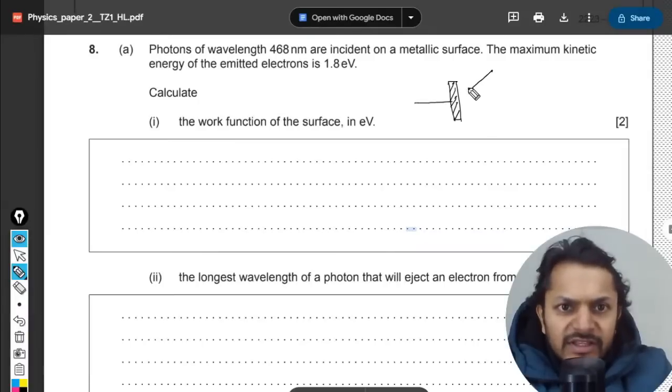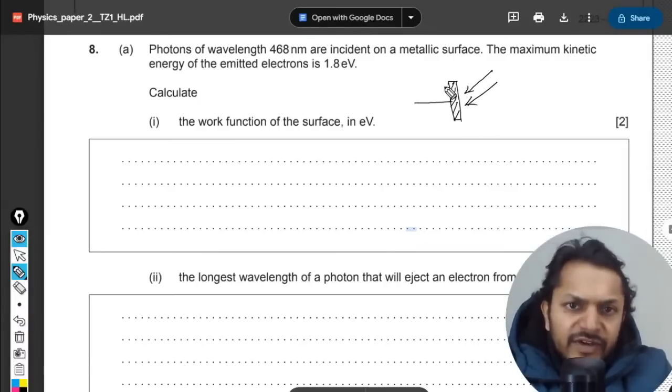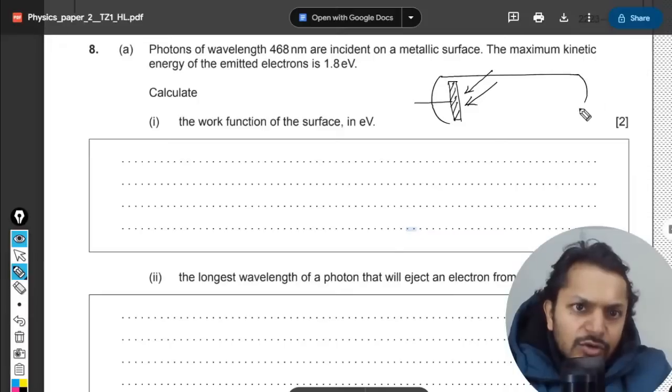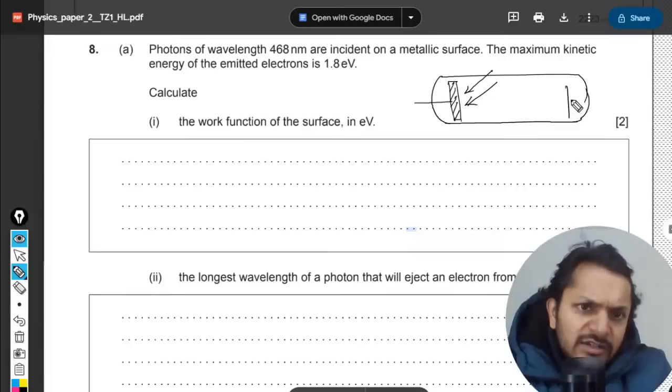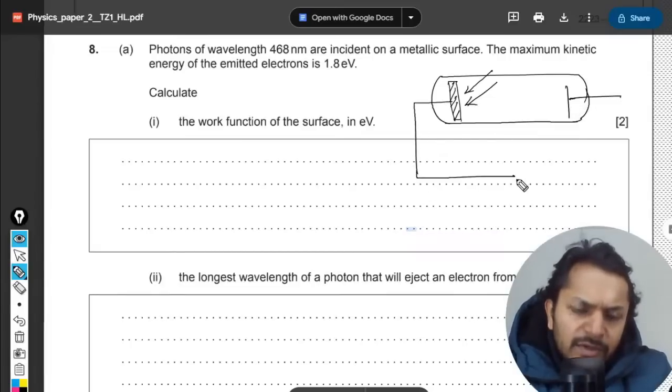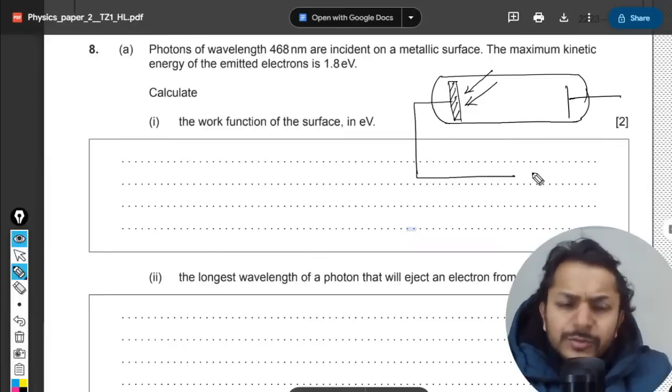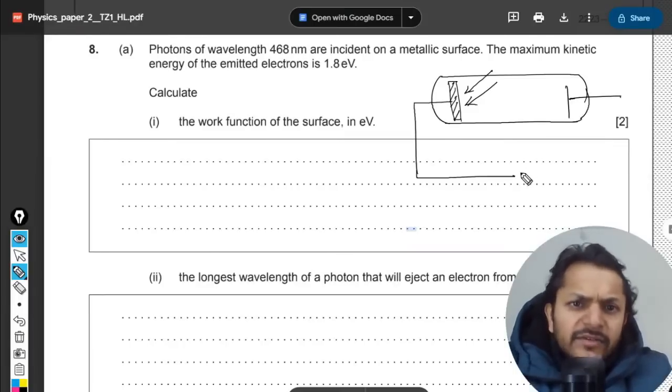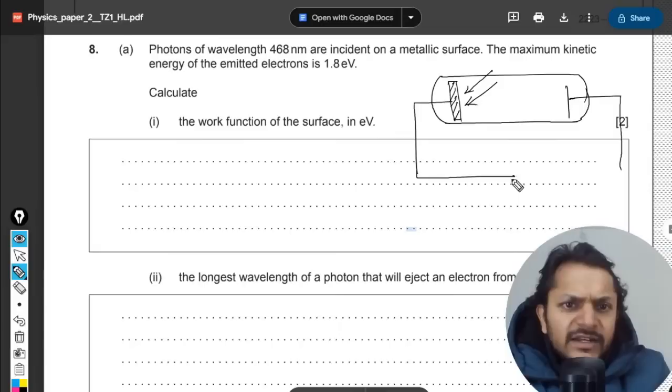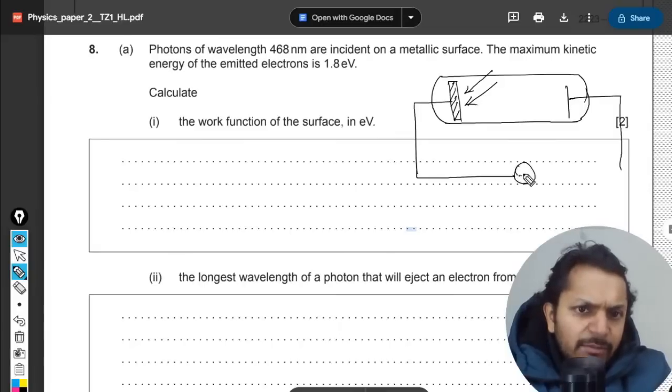So when the energy is coming onto this surface, like they are closed in a conduit, you can say, or something like that. So this is another cathode, and they need not have any battery, by the way. So they can be connected without anything, like there is only an ammeter here, and they are connecting this thing like this.